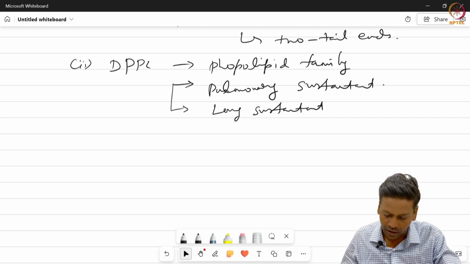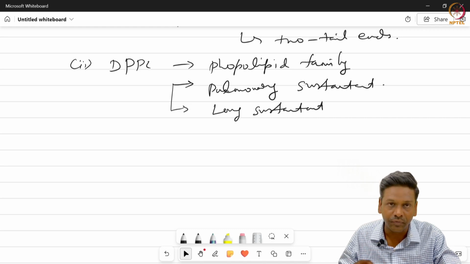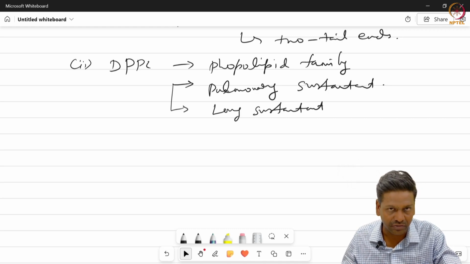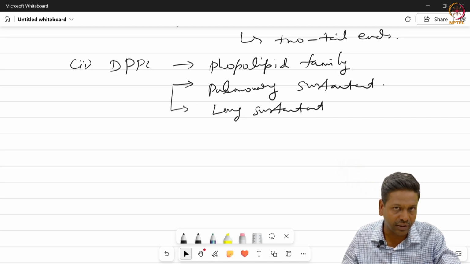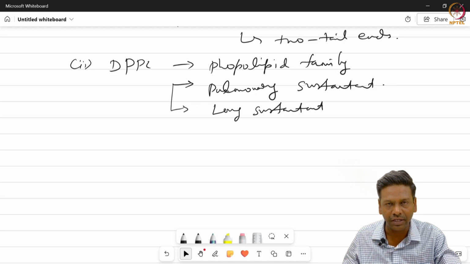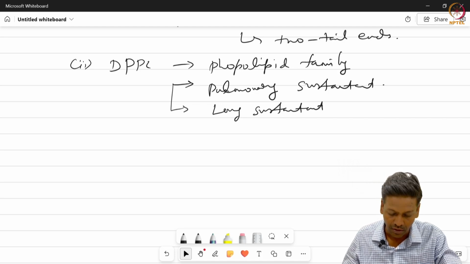What happens is this helps in reducing the surface tension at the liquid-gas interface in the pulmonary tract, which means that it reduces the work of breathing and makes breathing a lot easier. So there are several naturally occurring surfactants. One can give several examples, but I just want to list a few in the interest of time.